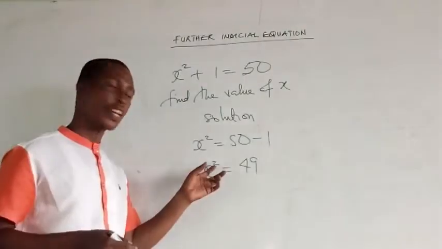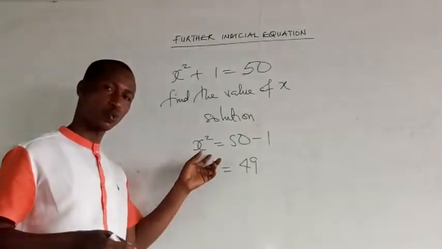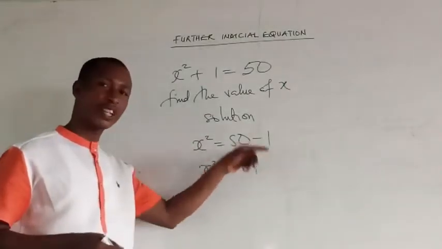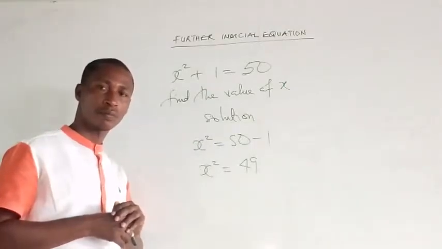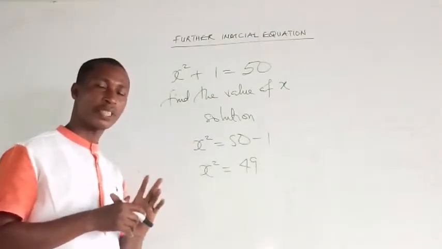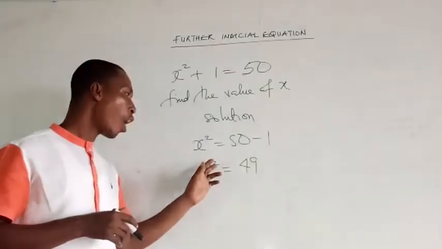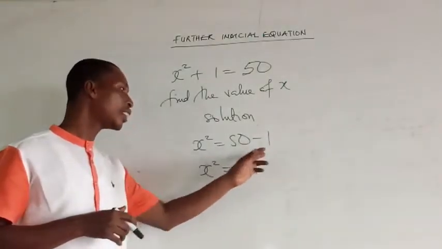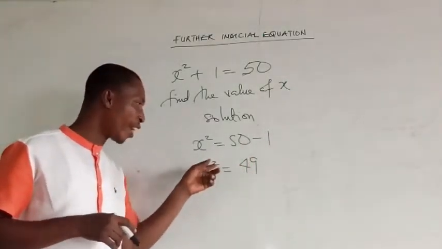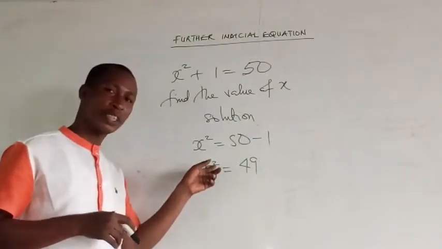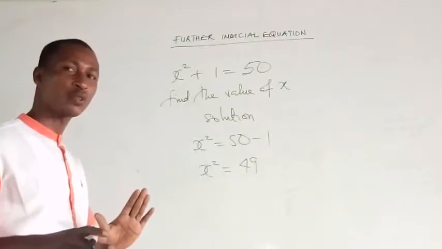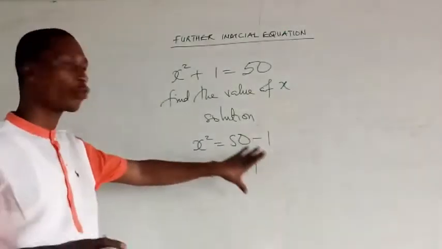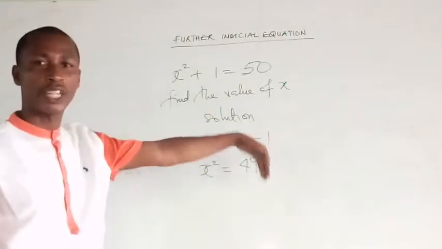Anytime you see a power 2, when a power 2 crosses the equal sign, it becomes root. Another way this one can be done is also multiplying through both sides by the reciprocal of the power here. But I know it will be difficult at that instance, so what we will just do is let the power cross the equal sign, and anytime a power crosses the equal sign, it becomes root.